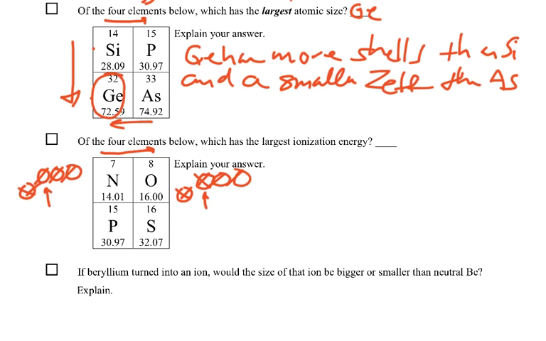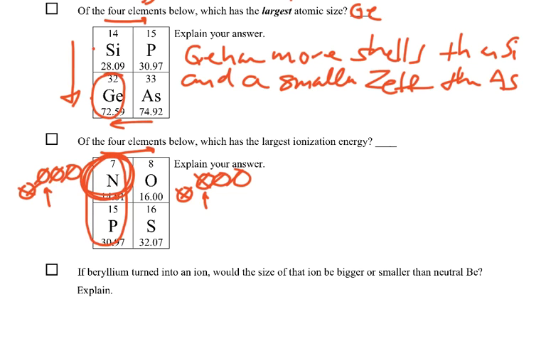So it's actually going to be a little bit easier to remove an electron from oxygen than from nitrogen, and easier to remove an electron from sulfur than from phosphorus. So these 2 are going to be a little bit more difficult to pull the electron from than oxygen and sulfur. And of these 2, the farther you are from the nucleus, the easier it is to remove the electron. So since phosphorus has more shells, it's going to be easier to remove an electron from phosphorus.